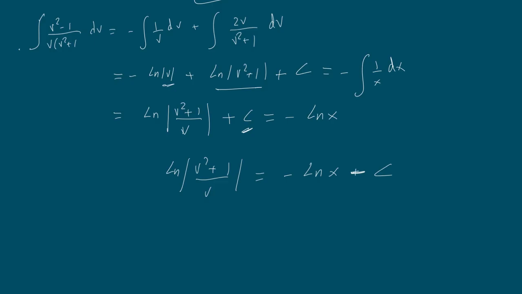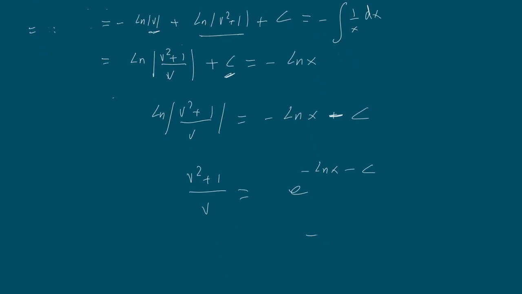So (v squared plus 1) divided by v should be e to the minus natural log of x minus c. And now (v squared plus 1) divided by v is e to the minus natural log of x multiplied by e to the minus c.